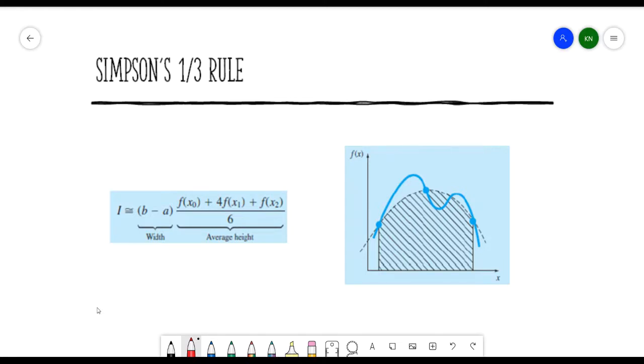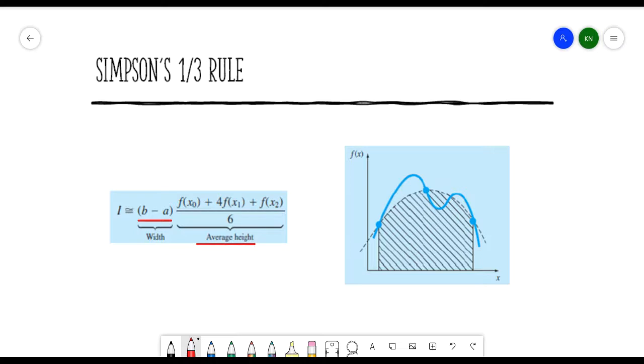which involves this equation. We have the width, which is given as b minus a, and we also have the average height, which is given as f of x sub 0 plus 4 times f of x sub 1 plus f of x sub 2, divided by 6.